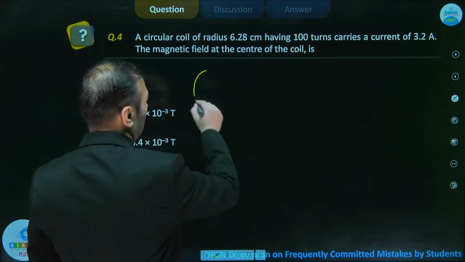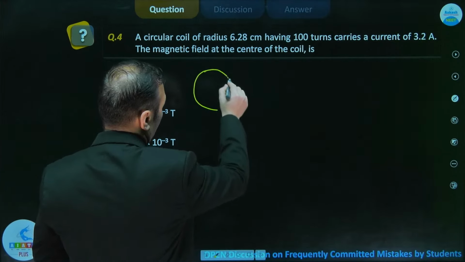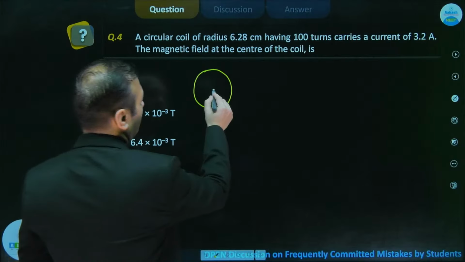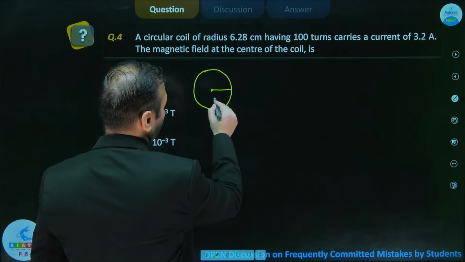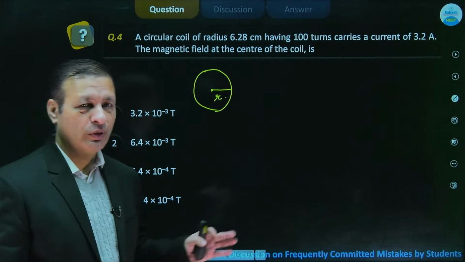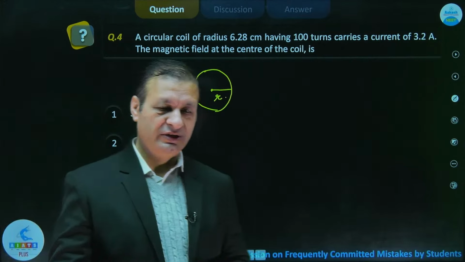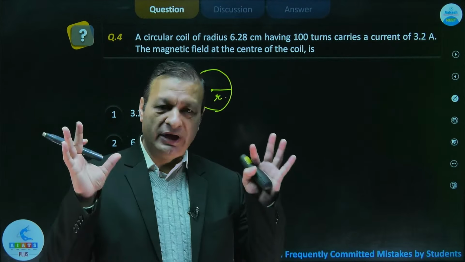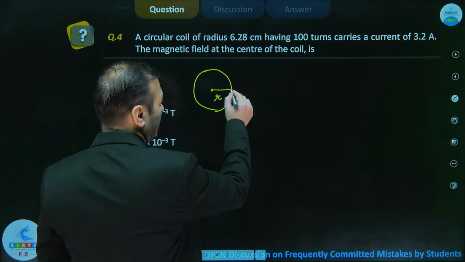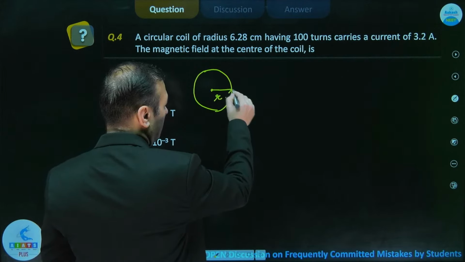So, let's suppose you have a circular coil of radius r. Got it? First, we'll try to understand in a very generalized way, so that you actually gain the concept. And let's suppose it carries current like this.